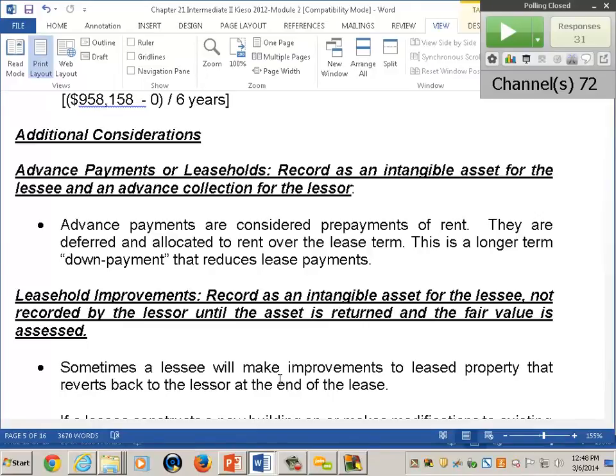If they're leasing the floors upstairs, whatever they do to the floors, whatever they do to change the building, and the same with this, whatever we do to make this into a university setting, reverts back to the owner of the building. This is an intangible asset that gets amortized over the shorter of the lease term or the asset life.